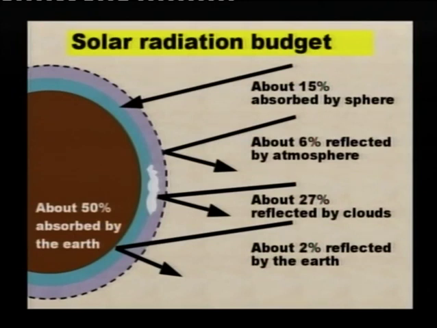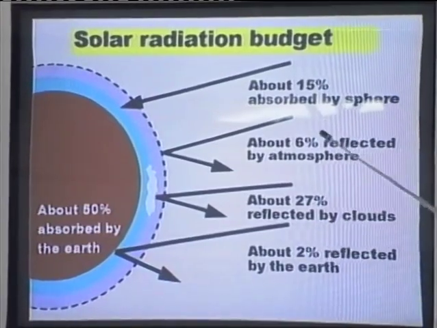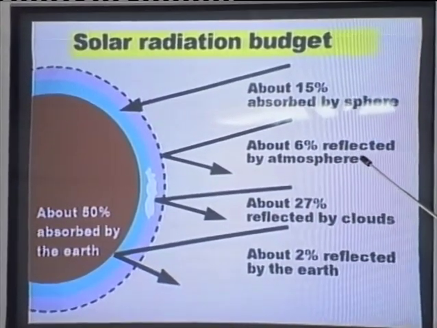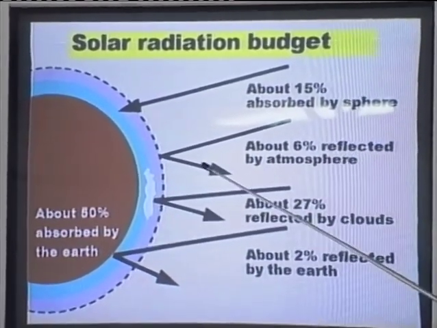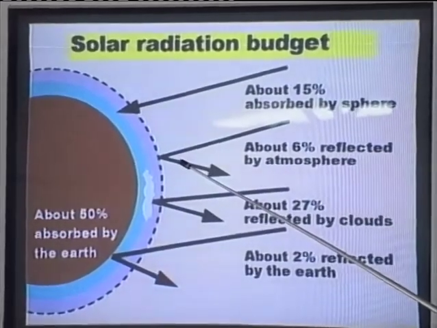If we look at the arrow in this diagram, you see the arrow coming through, and there is no arrow going back out simply because of the absorbing of the radiation by the atmosphere. 15% is absorbed by the atmosphere. About 6% is reflected back into space by the atmosphere.